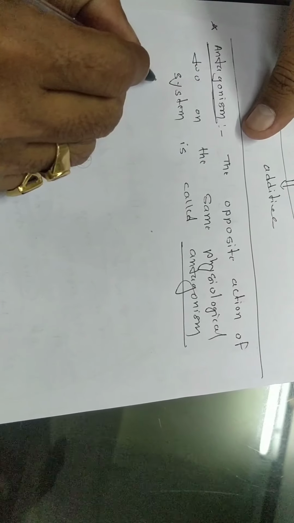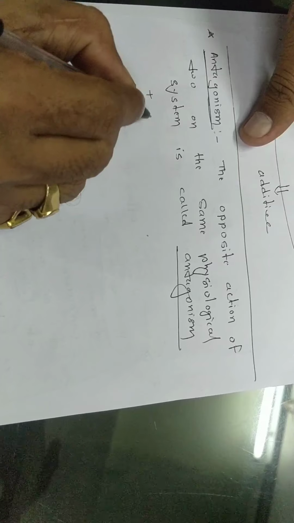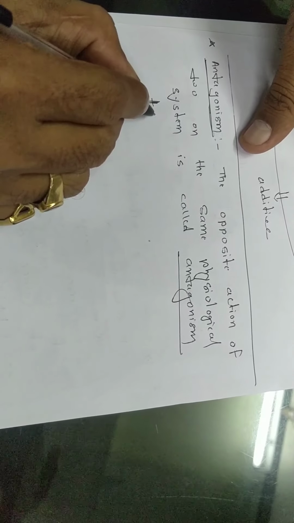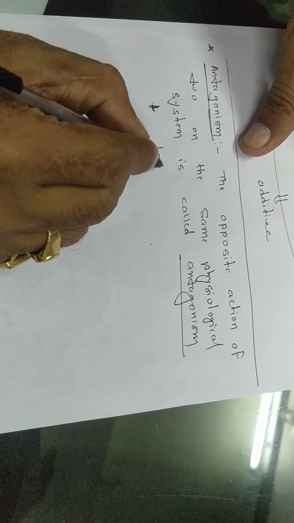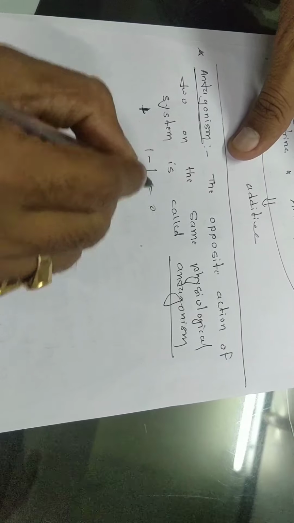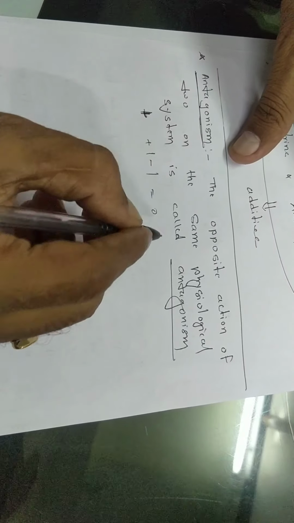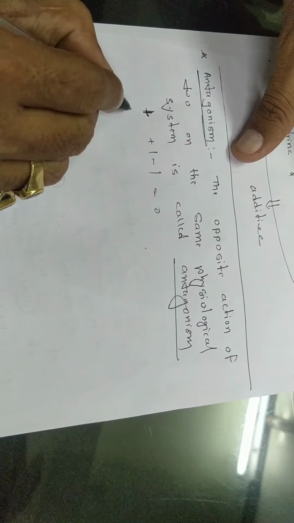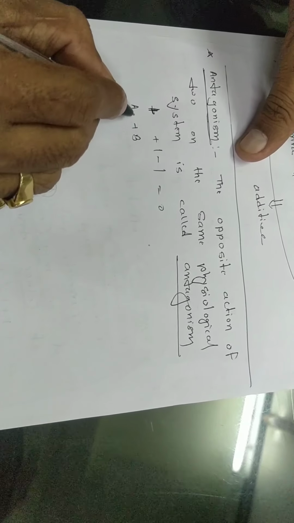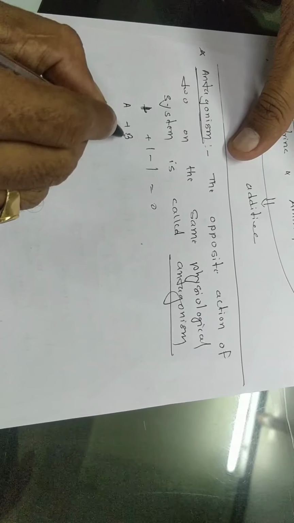For example, plus 1 and minus 1 is equal to 0, plus minus is equal to 0, like that. A plus B drug, both are acting opposite to each other.